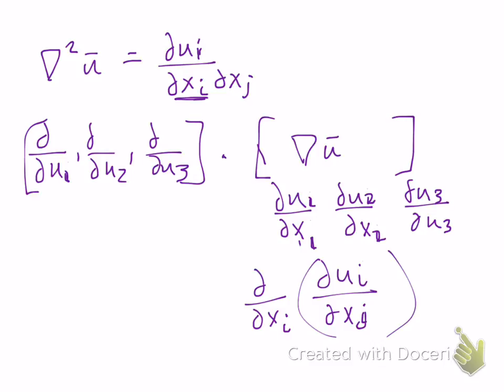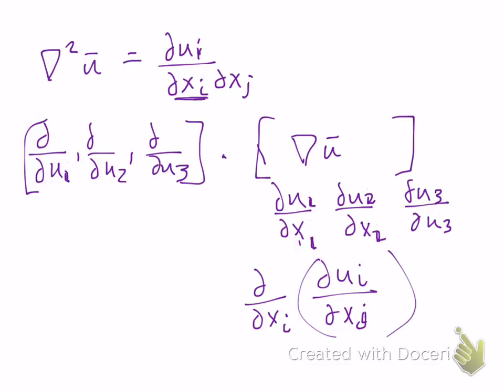These are an i on top, one i on bottom, and one j on bottom. So what are we summing over in this? The i. There's a j left over in the end. So is this going to be a scalar or a vector? It's a scalar.